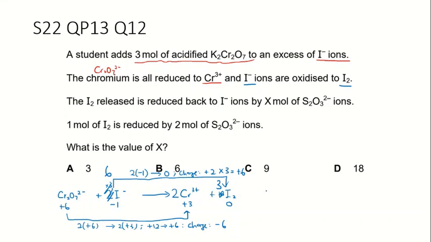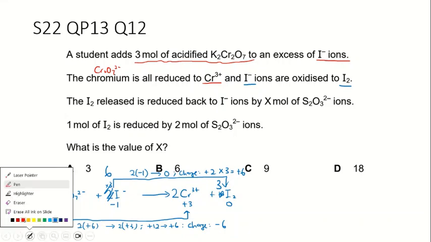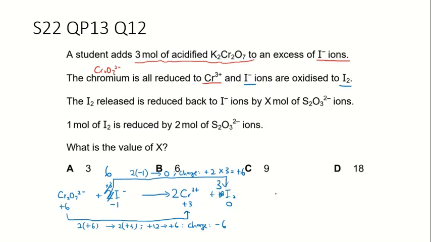Now I can rewrite this whole equation. I'll probably use a different color. To rewrite the whole equation, it will be Cr2O7 2- plus 6 iodide. I get 2 chromium 3+ and 3 iodine. So from this balancing of electron transfer, we get the stoichiometry correct.